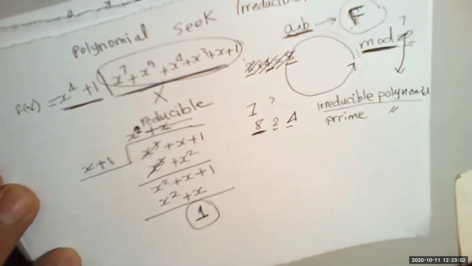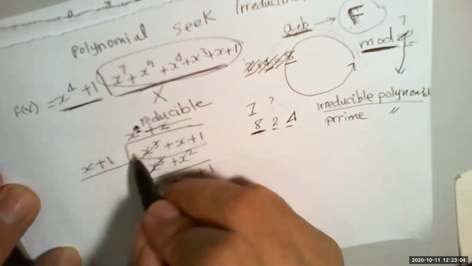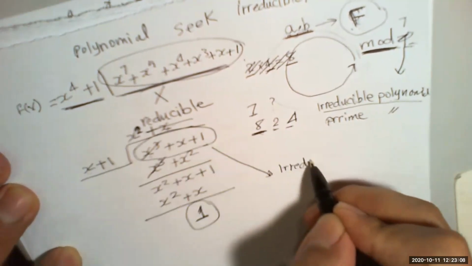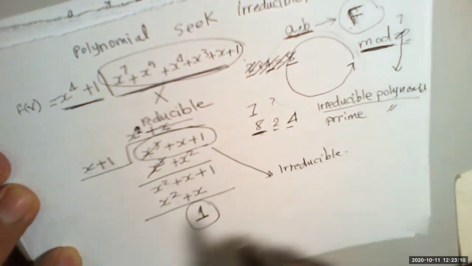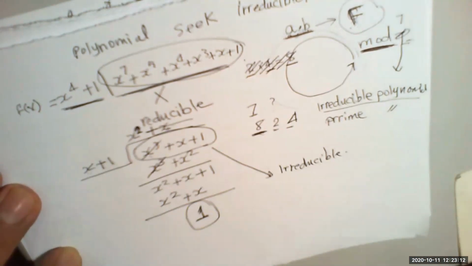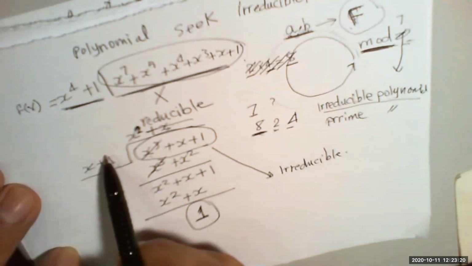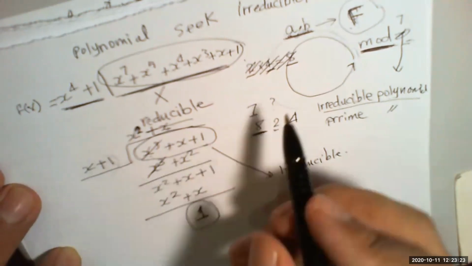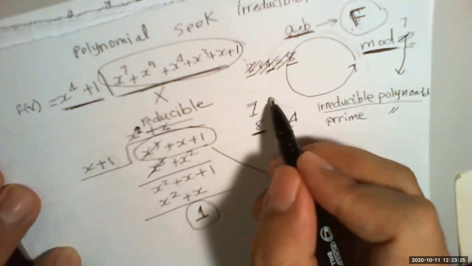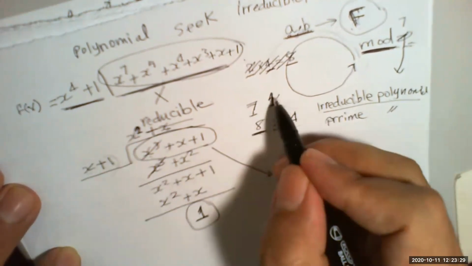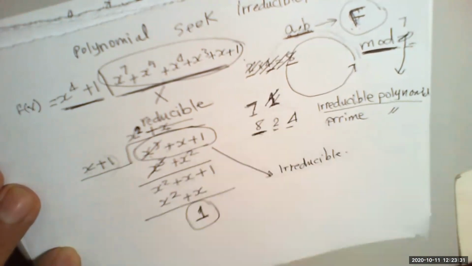This means this polynomial is irreducible, because it has a remainder. This means x plus 1 is not a factor of that one. It's like 7. The factor is 1 only. There is no other factor for 7.